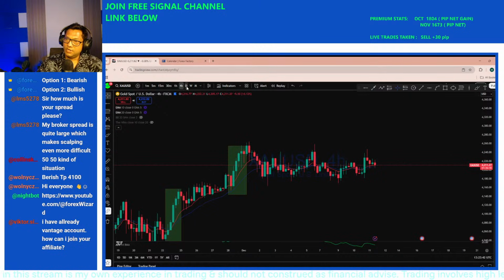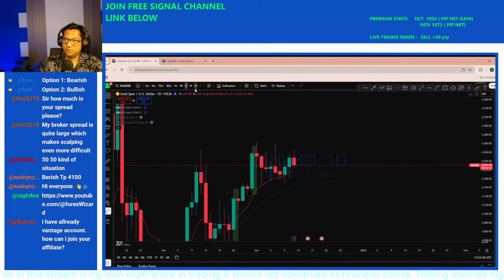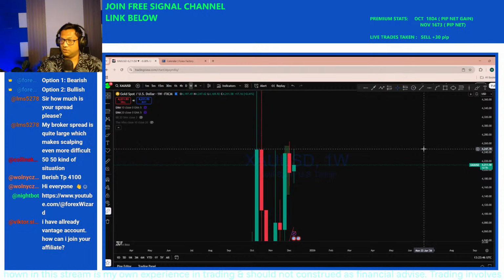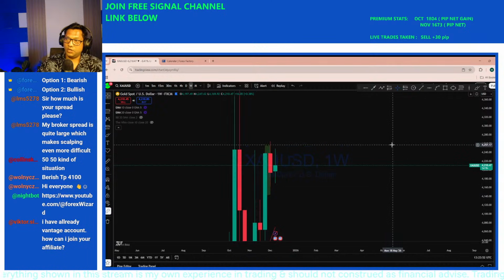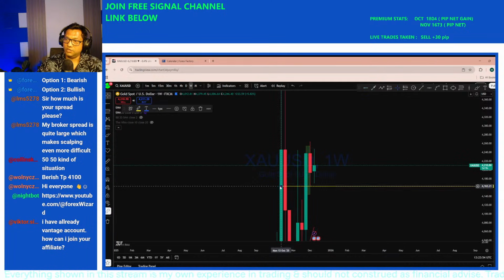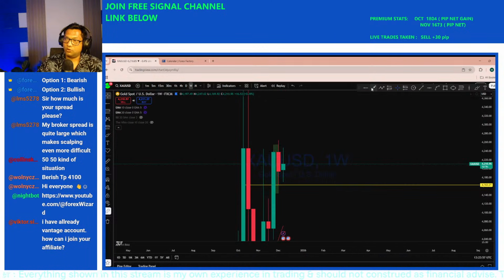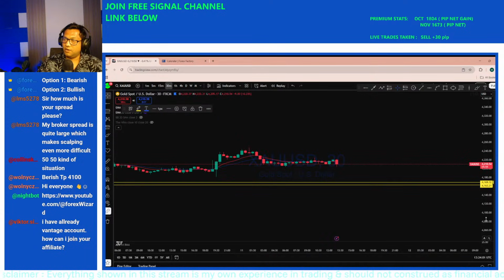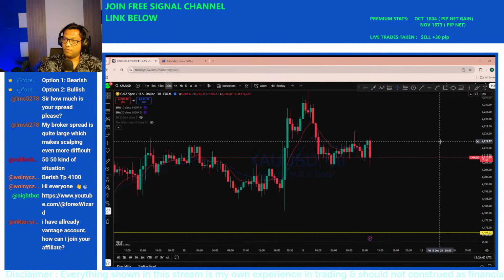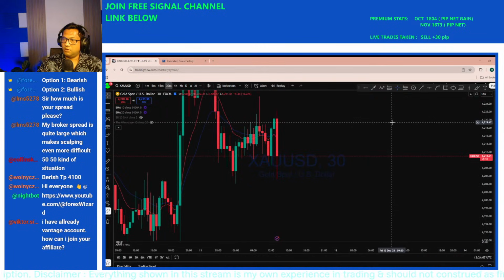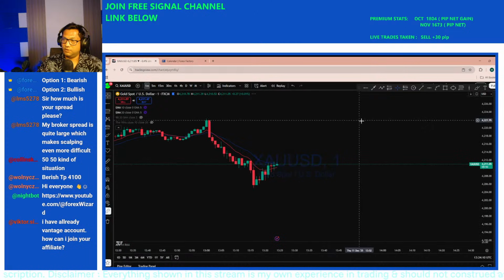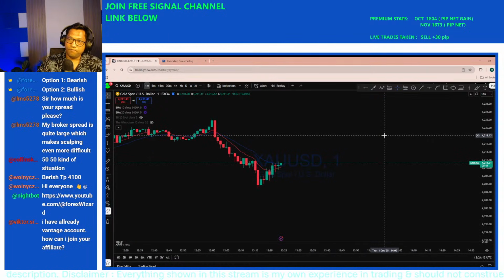So that sideways market could potentially be ending, because if you look at the weekly market structure, there is a support and also another support here, and breaking any of these can give you a big move in this market.